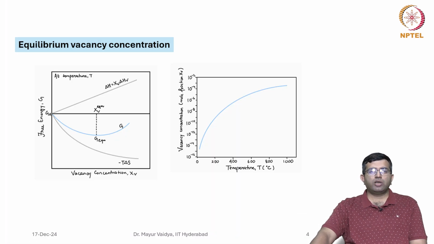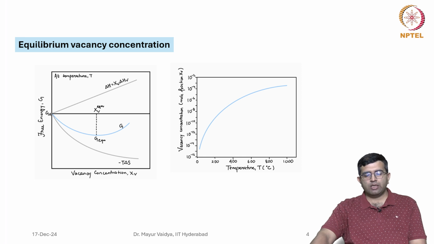If you represent this graphically, this is how x v into delta H v will vary, this is how minus T delta S will vary, and the combination of these two gives you the overall free energy, which will have a minima at x v equilibrium. Beyond this, the free energy starts to increase.